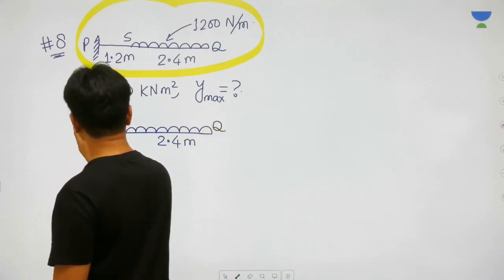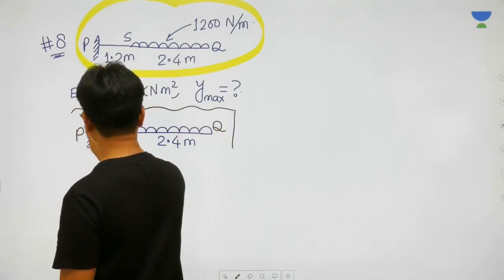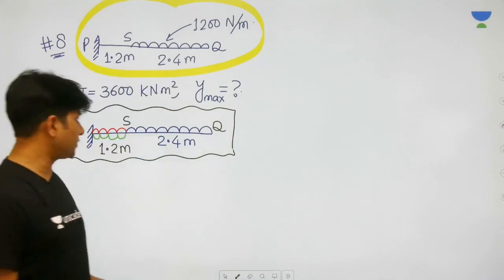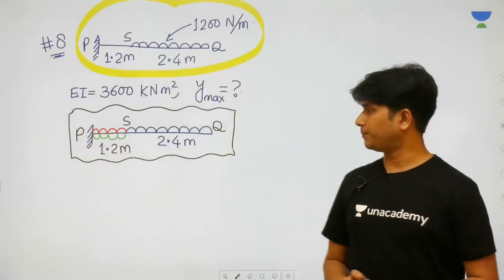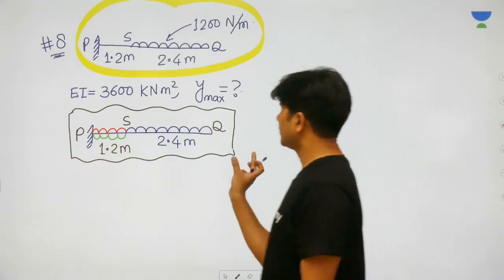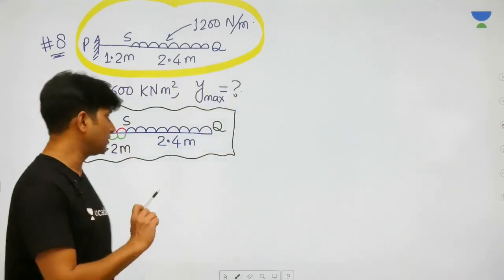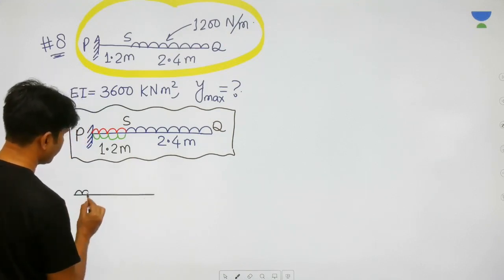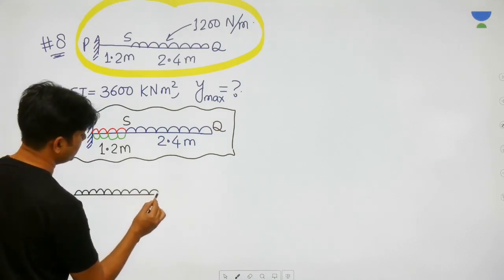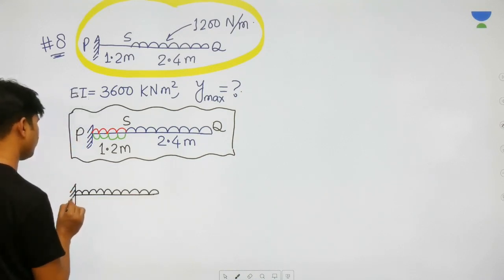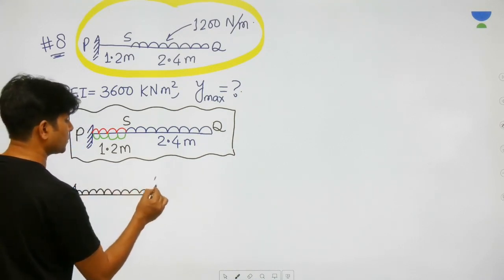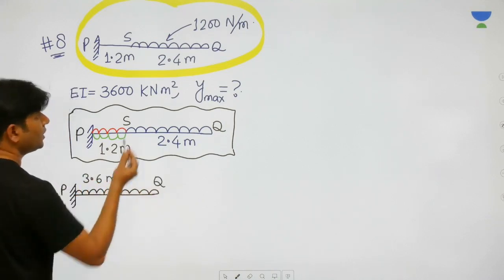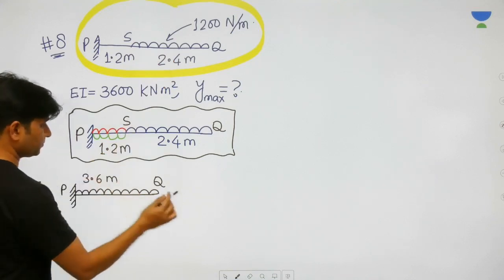Now I'm going to break this beam, after extending the UDL up to the fixed support, into 2 beams. One, the cantilever beam with UDL throughout its length from P up to Q, and this total length is 3.6 meter, and intensity of UDL is given to you.